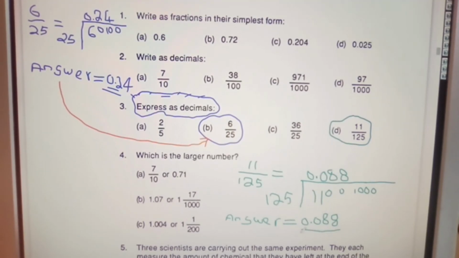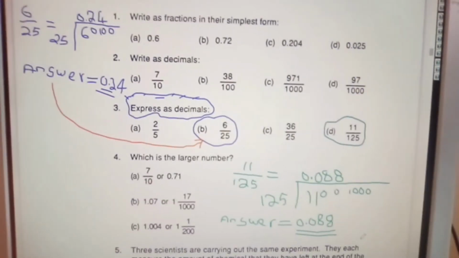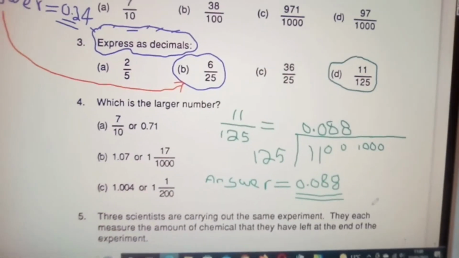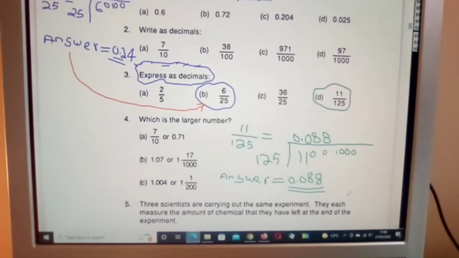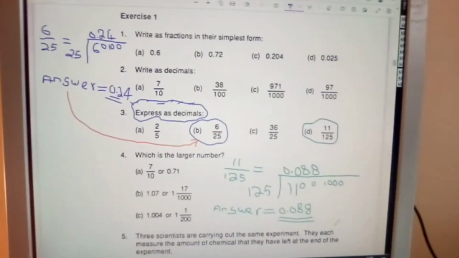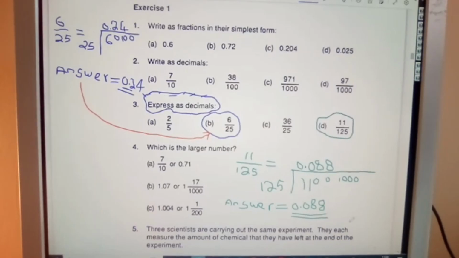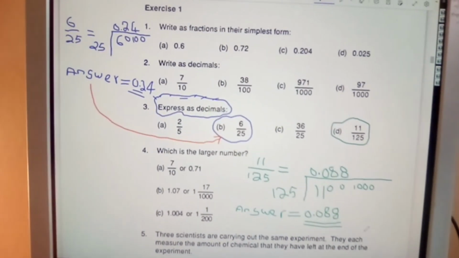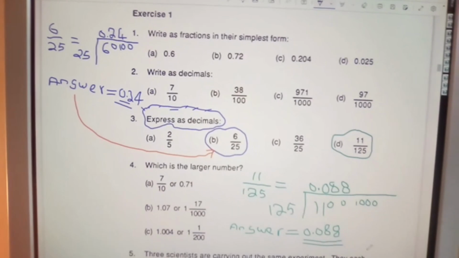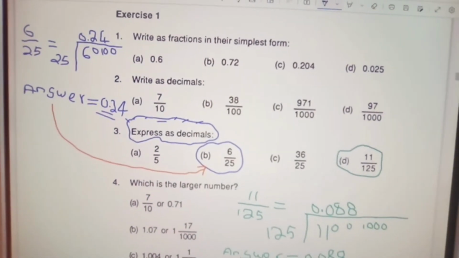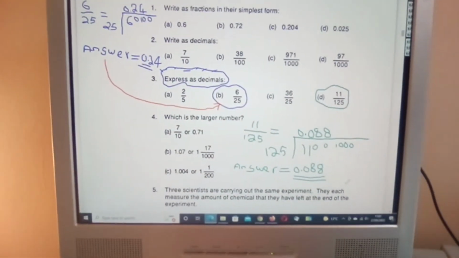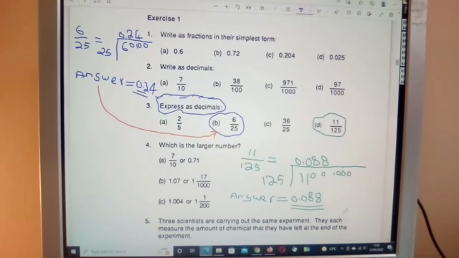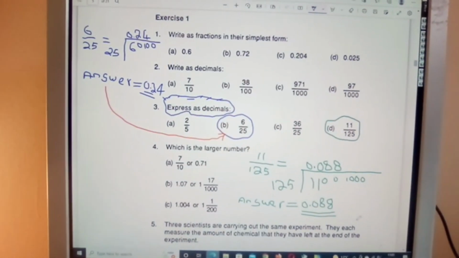Boom, boom. Okay. Okay, let me make sure we get it all in, and that it can be read by everyone. Okay. Good.